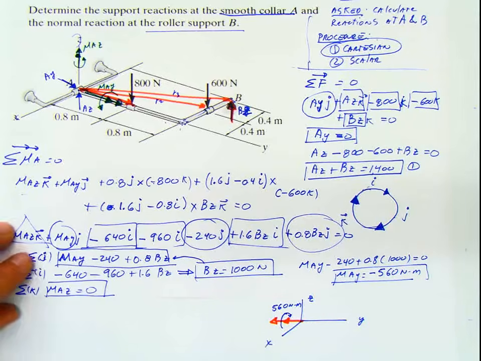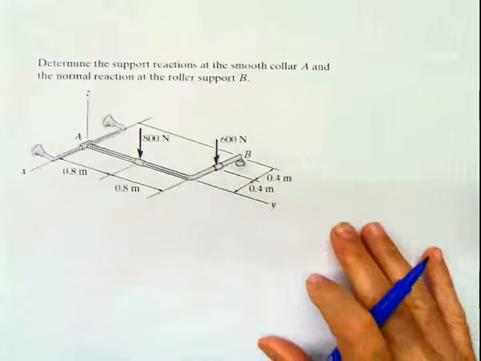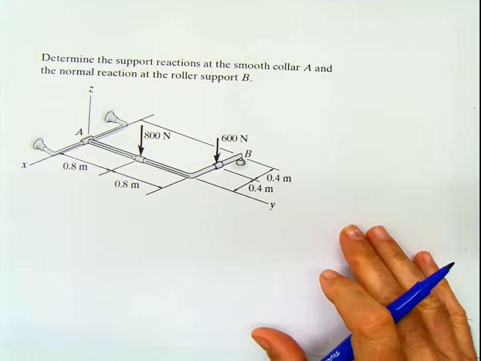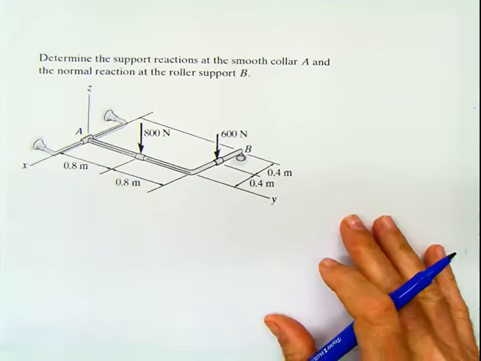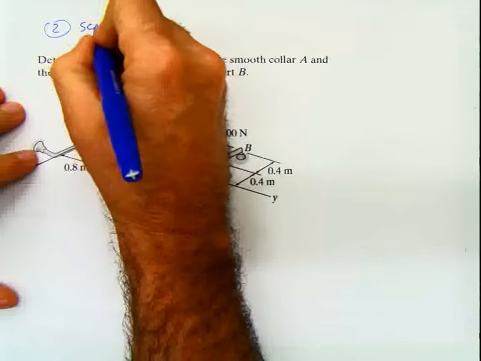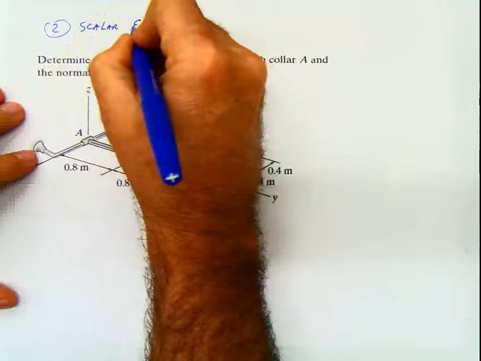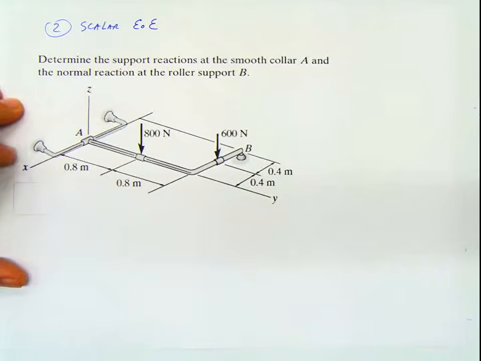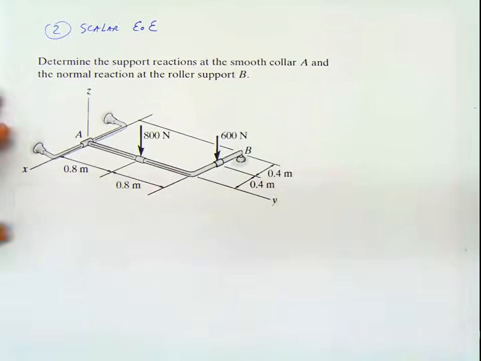Now let me explain the second procedure for this problem. The second procedure would be using just scalar equations. Scalar equation of equilibrium. So let's use procedure 2. Of course, we need to put our reactions that we had before.